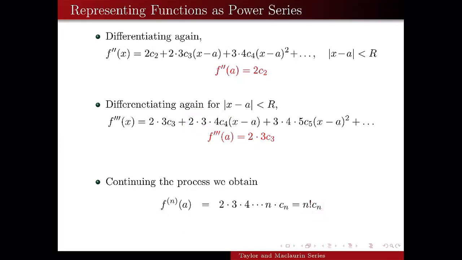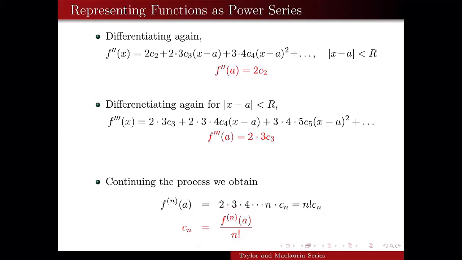Therefore, if we solve for cn, we will have this. We divide this by n factorial. So cn is just the nth derivative of f evaluated at a over n factorial.